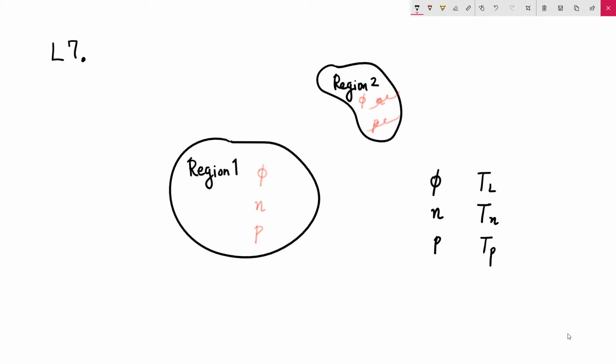Lattice temperature can still be defined all over our simulation domain. However, the temperature for electrons and for holes has meaning only when we have well-defined electron density and hole density. If for certain reasons we don't have any electron density or hole density, then it is not reasonable to define electron temperature or hole temperature.